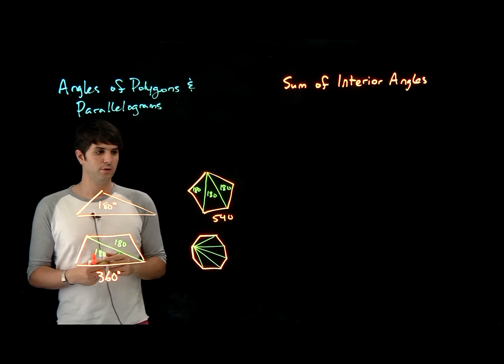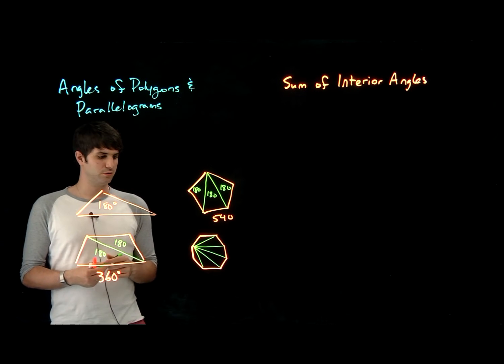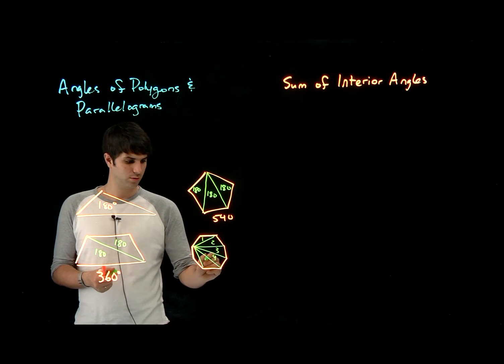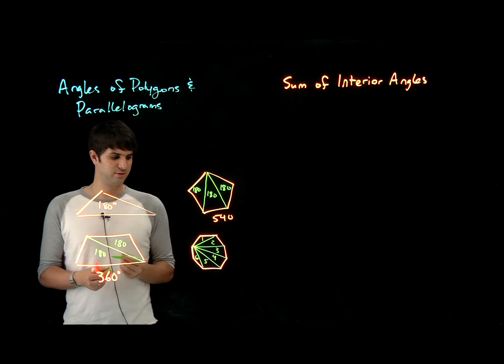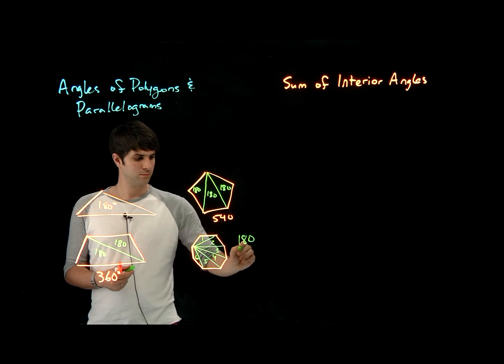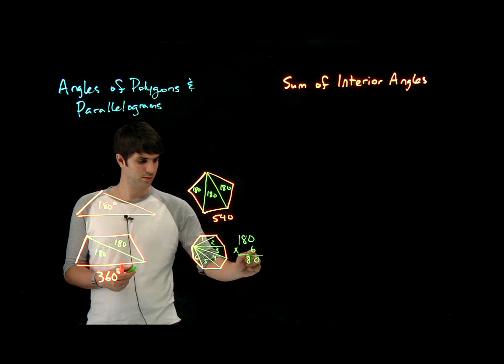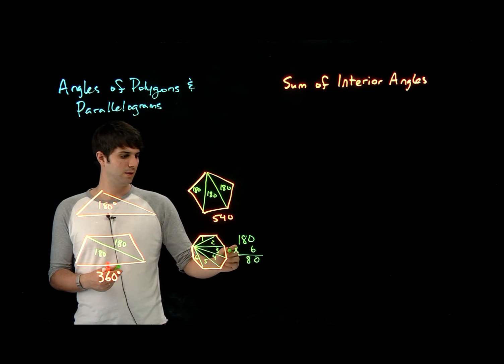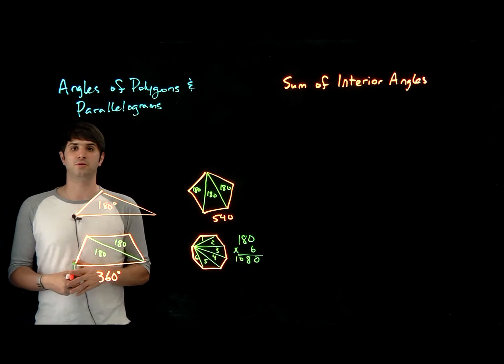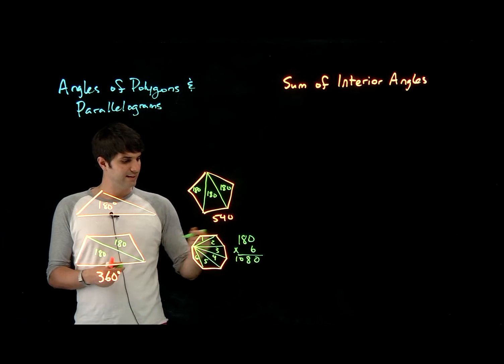Okay, so the number of triangles, and this is going to be 180 times 1, 2, 3, 4, 5, 6. So 180 times 6 is 1,080. So all of those angles add up to 1,080 degrees.